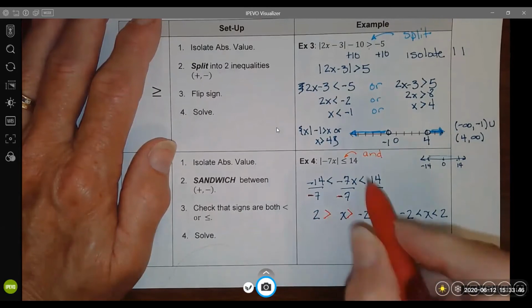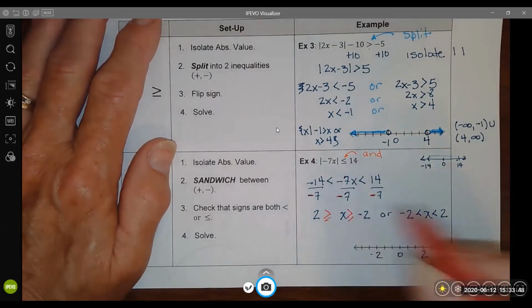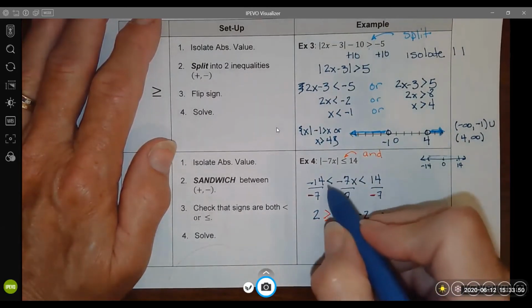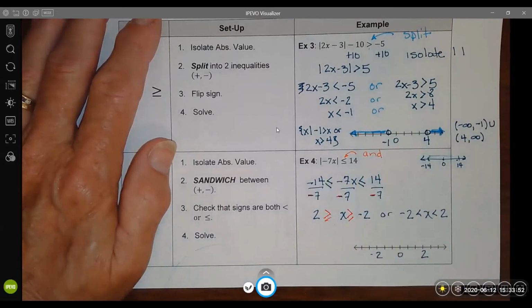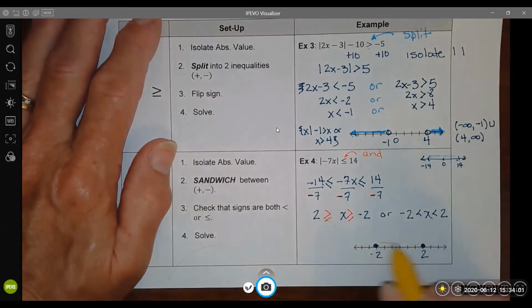I messed up here. This is less than or equal to, so I'm going to go back and double check to make sure I've got the right kind of endpoints. These are solid endpoints because they are less than or equal to -2 and 2. And I recognize that my solutions are all of the numbers that lie between them.